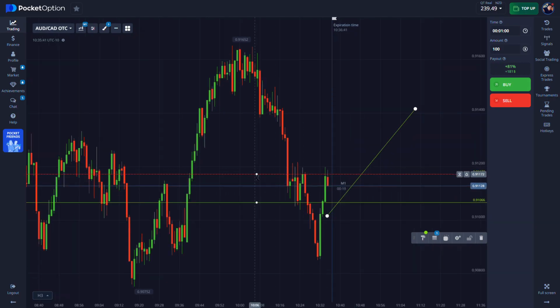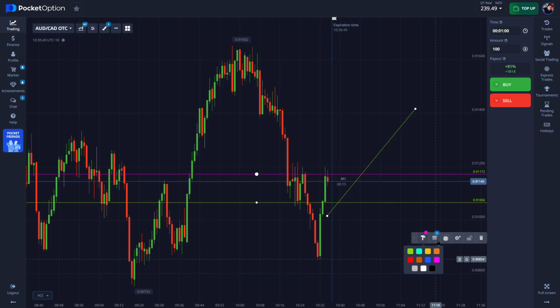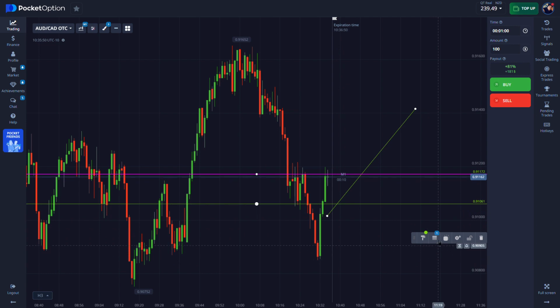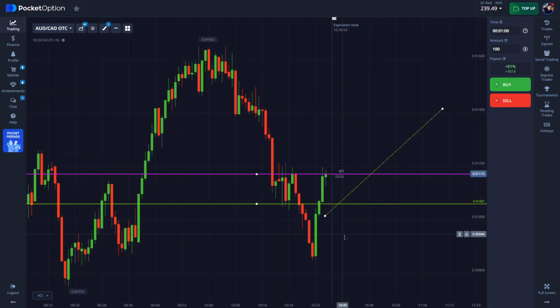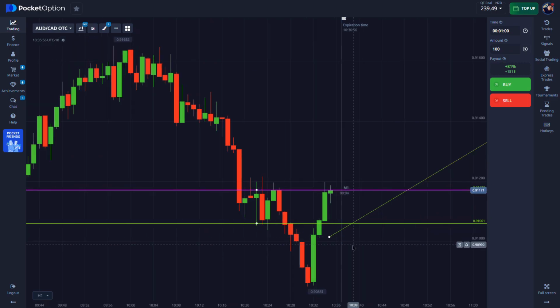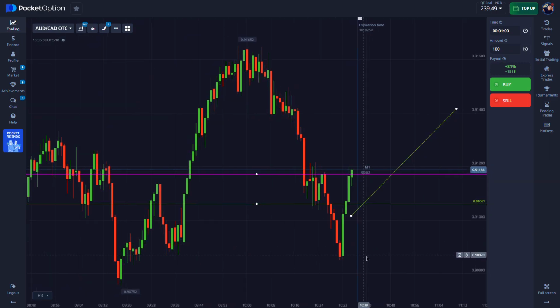I'm going to change it to pink, a lot easier to see. We'll do a double. Okay, there we go. And she's still impulsive.